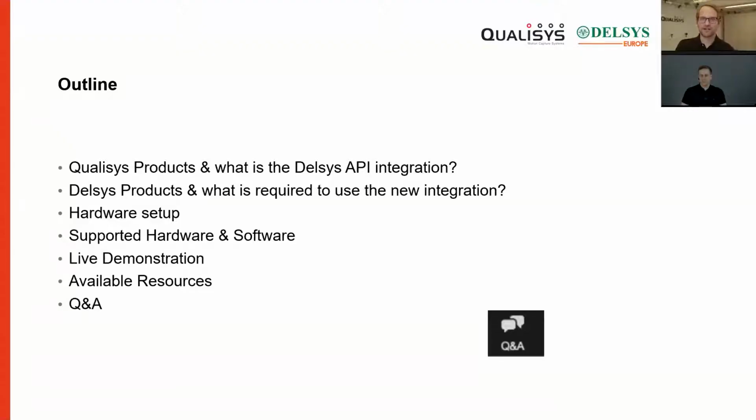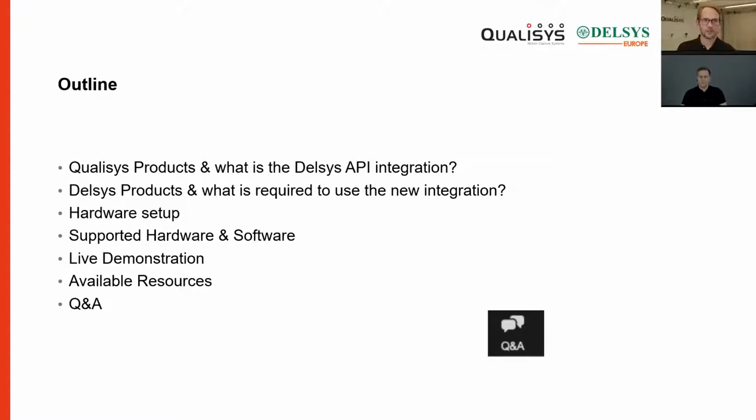Great. Thank you, Steven. So I'll bring up our outline for today. First, we'll take a quick look at what Qualysys products actually are and what the Delsys API integration is and why we set out to implement it. Then I will hand over to Steven, who will talk about Delsys products and what is required for the new integration.